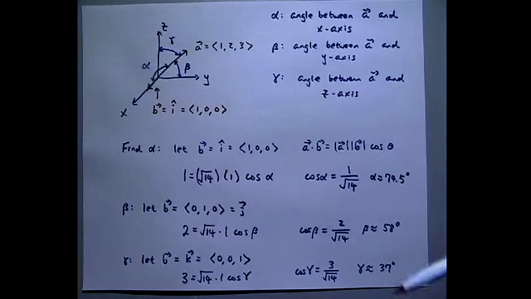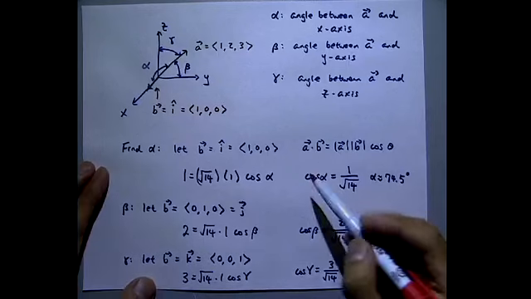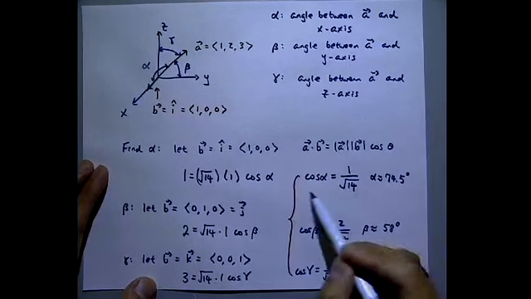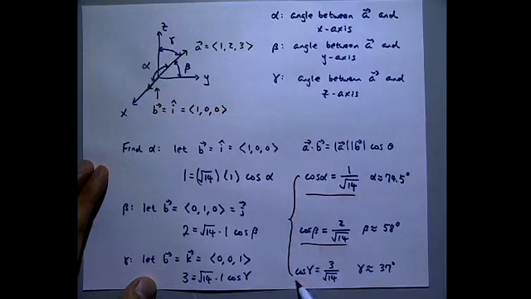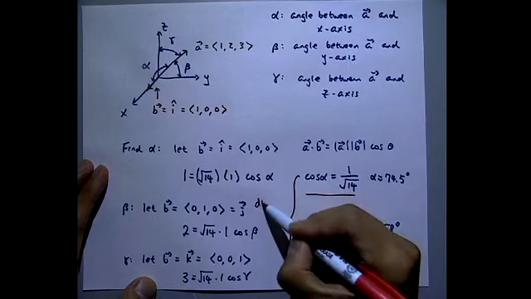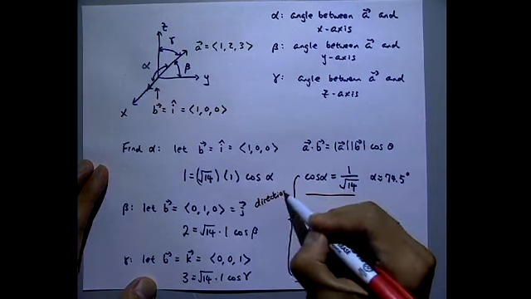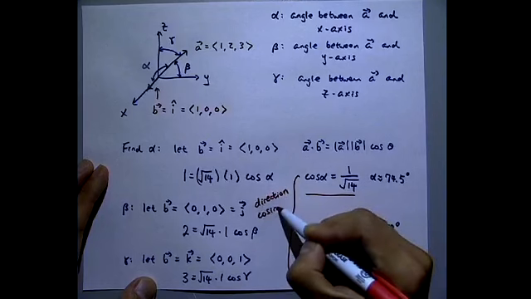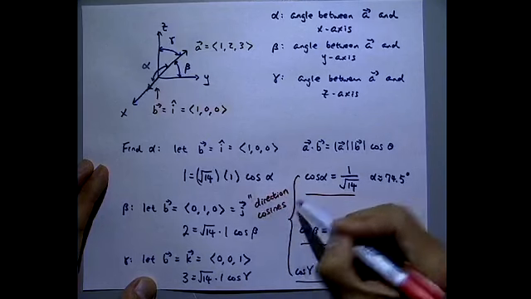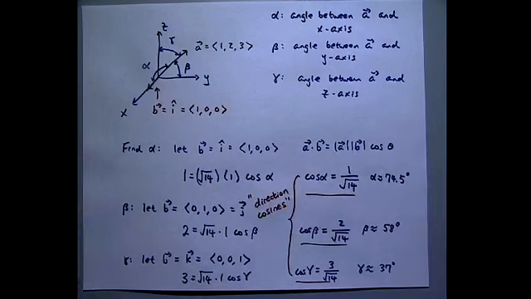Okay, are we okay with this alpha, beta, gamma stuff? Yep. These three cosine things, cosine alpha, cosine beta, cosine gamma, these things are called direction cosines. In many applications, you'll be dealing with direction cosines a lot.